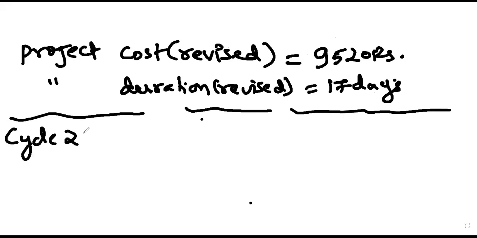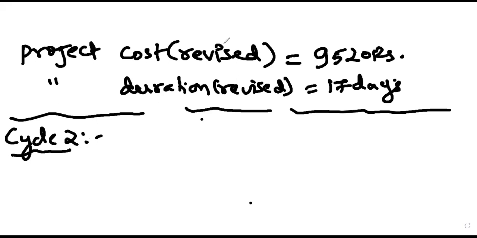I think in yesterday's class some of them had doubts regarding why it is 17 days and why we have reduced the 1-3 activity only by 3 days but not 4 days. Sir, I have a doubt.